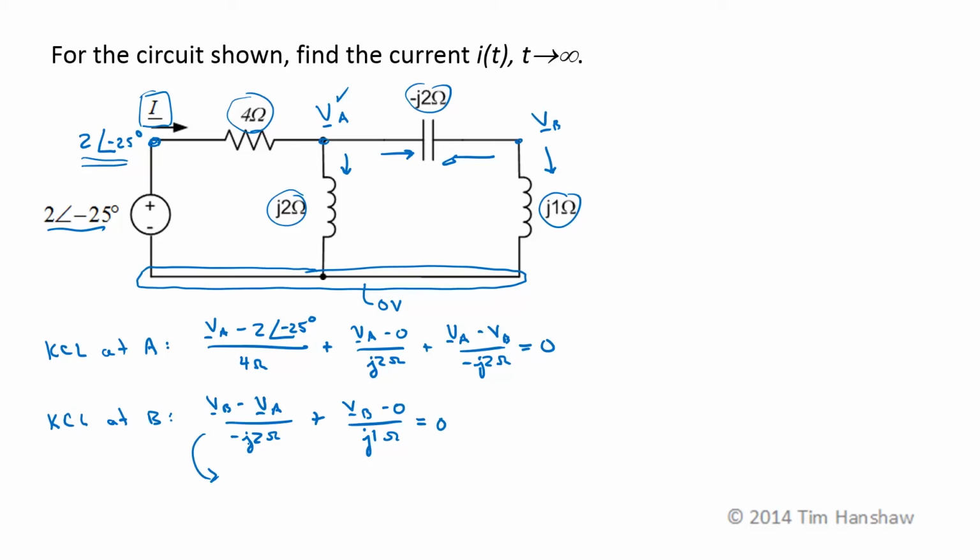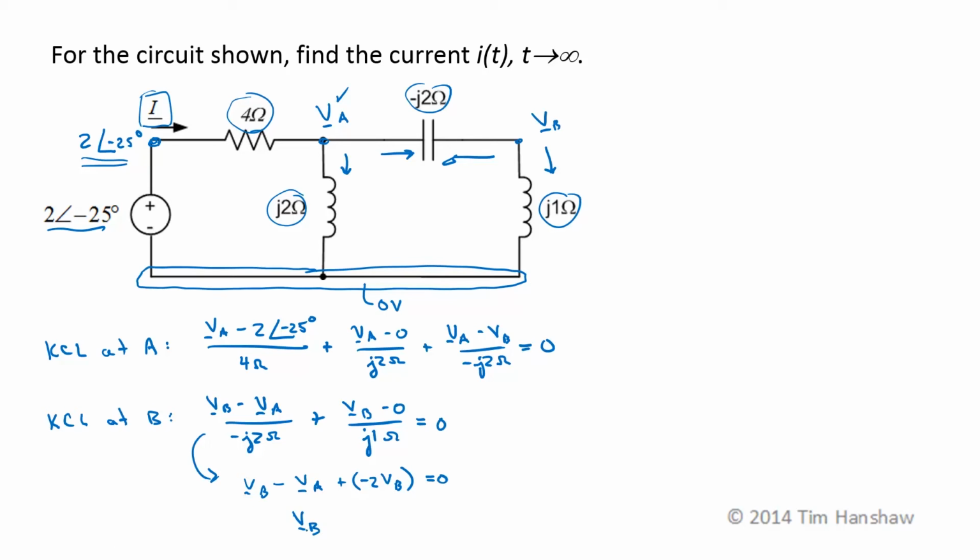If I multiply this through by minus J2 ohms, I get V sub B as a phasor minus V sub A plus negative J2 over J1, which is just negative 2, is equal to 0. Do that.